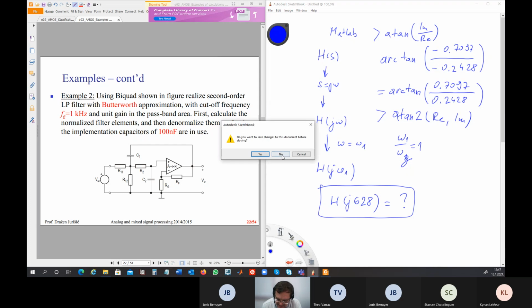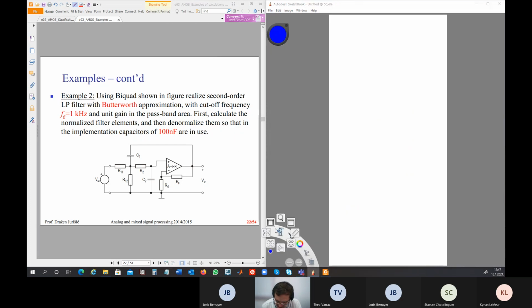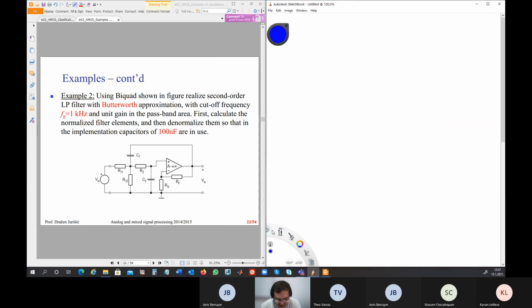The second example is very important for us because here we finally learn how to calculate one filter from the beginning to the end. In this example, we use a biquad in the figure. We see this is class 4, low pass. You see it immediately.